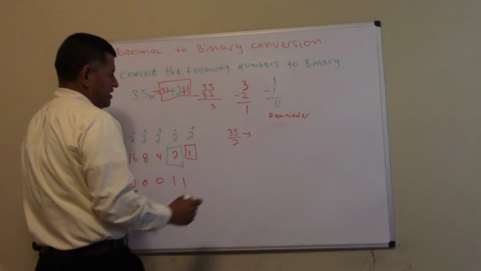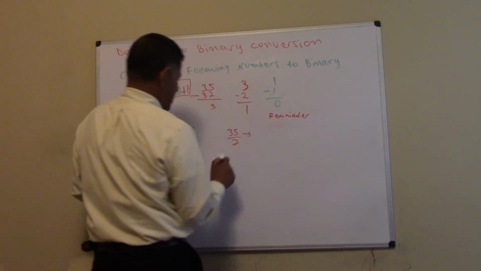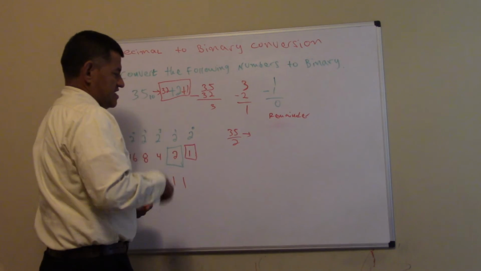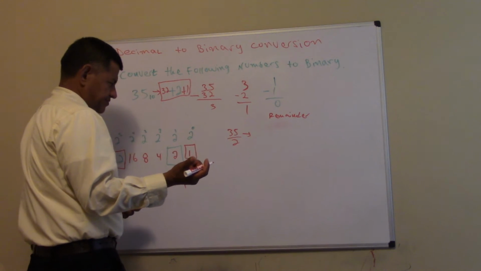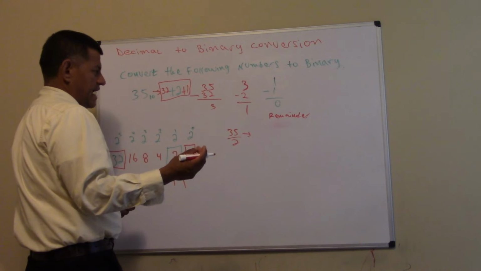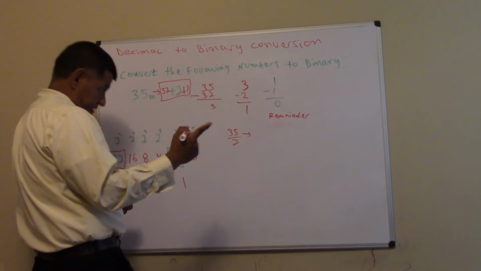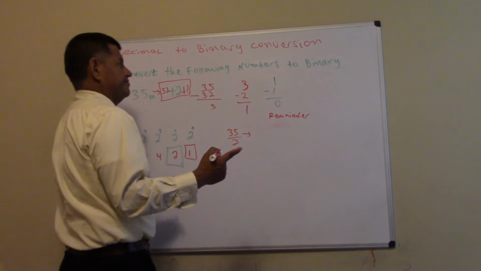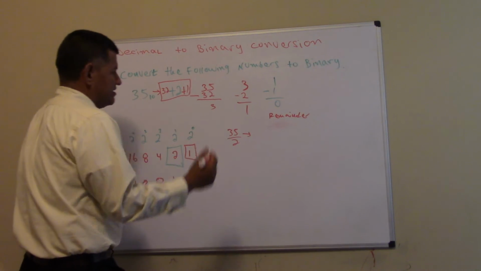So 35 divided by 2. 2 goes into 35 17 times, but it actually is 17 and a half, 17.5.